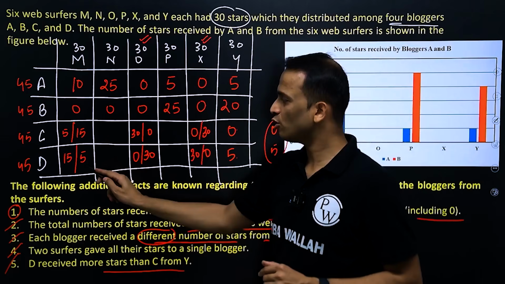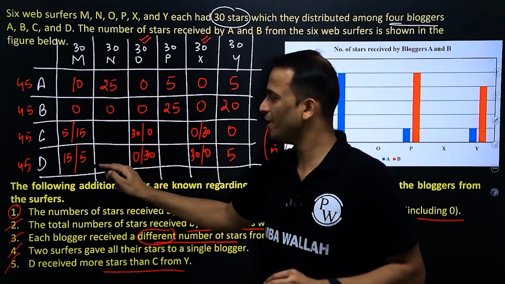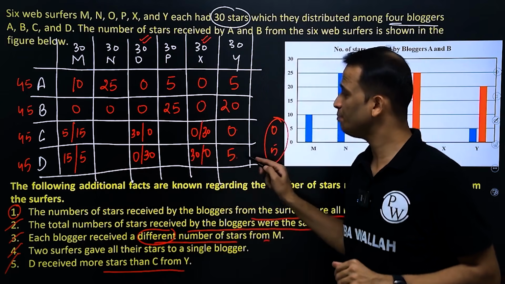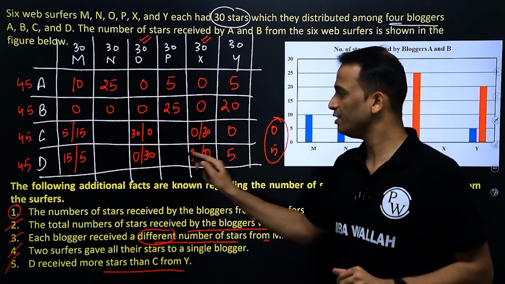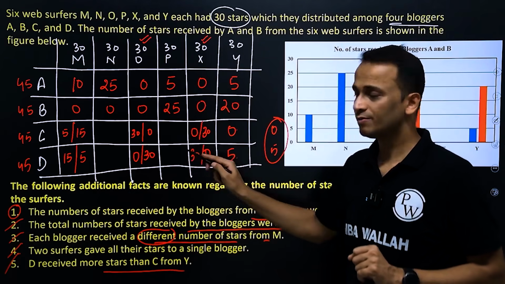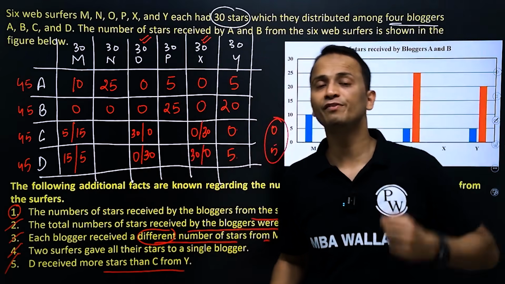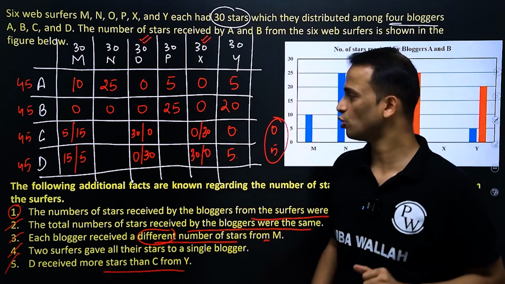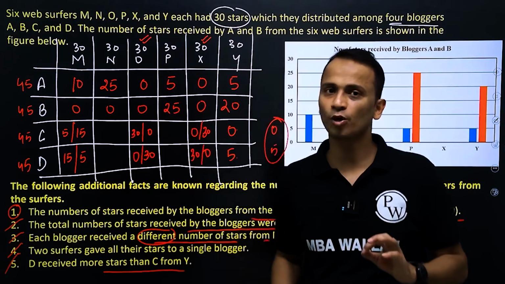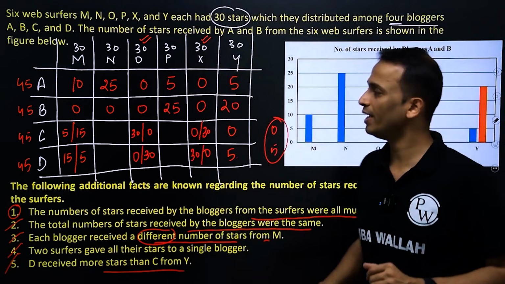That means D cannot receive 15 stars from M, because 30 plus 5 is 35, and 35 plus 15 will be 50, which exceeds 45, which is not possible. So I can say that D cannot receive 15 stars from M. So D will receive only 5 stars from M.